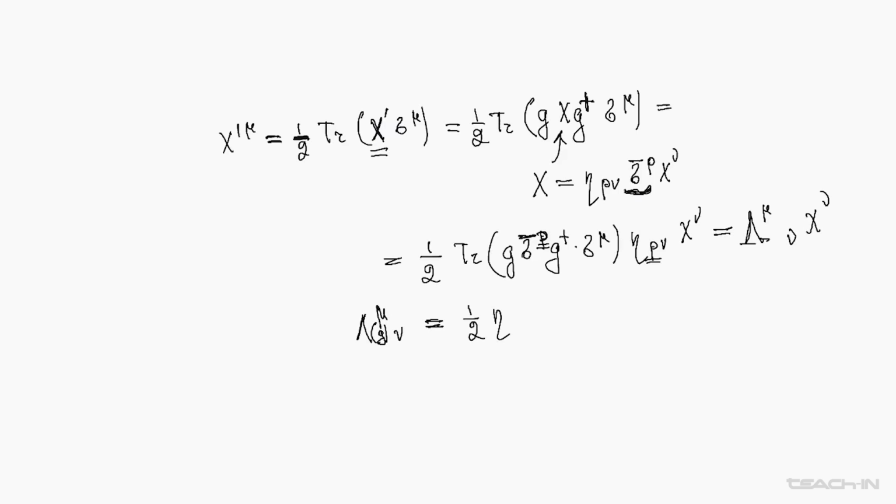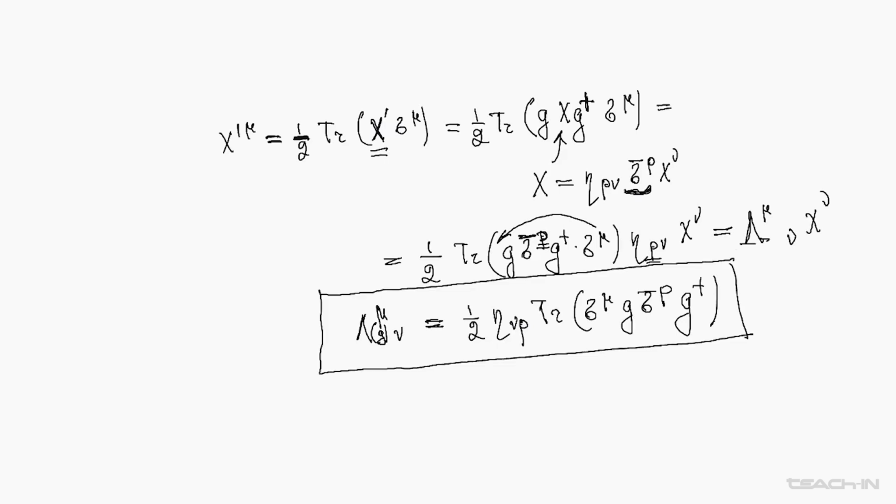Trace, and then also under the trace you can put sigma mu by using cyclicity of the trace on the first place. Sigma mu G bar rho G dagger. Okay, so this is the formula for how Lorentz transformations are realized via elements of SL2C.